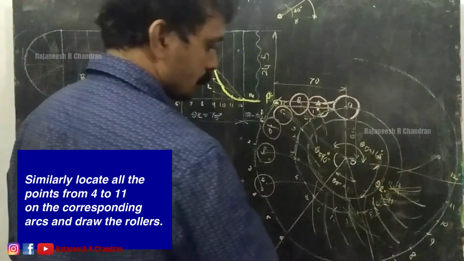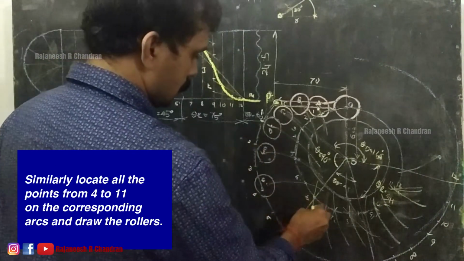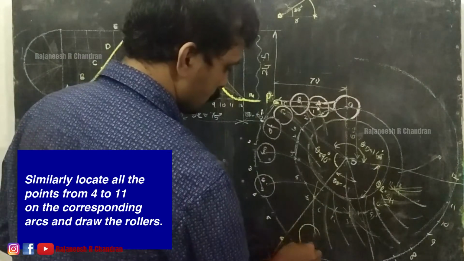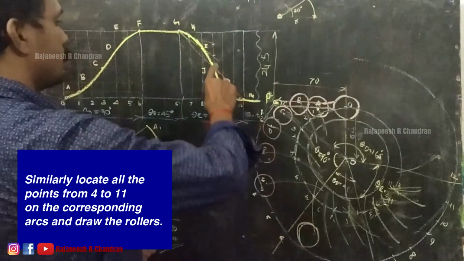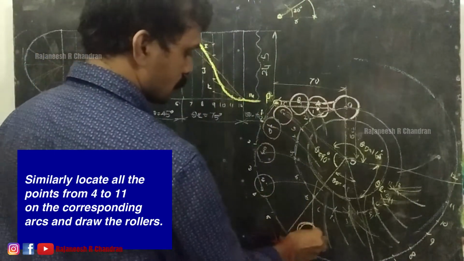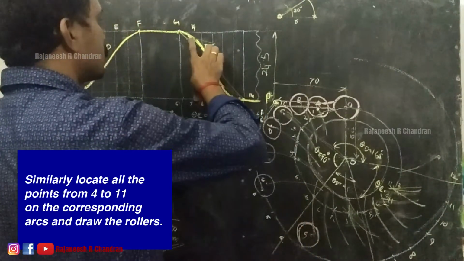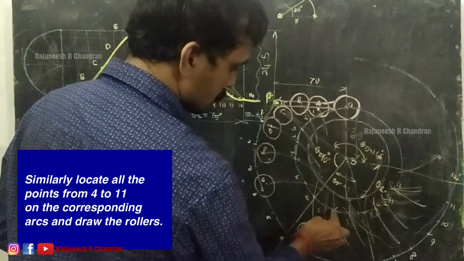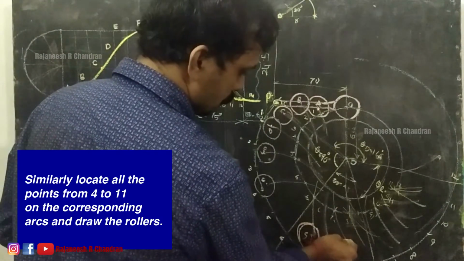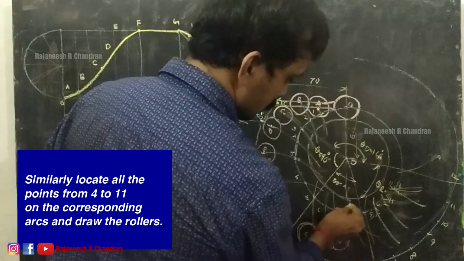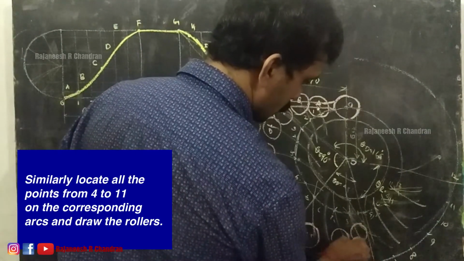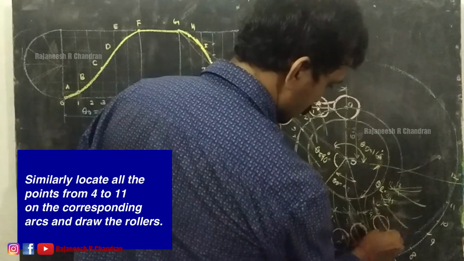Similarly, here also 6F. Take 6G, sorry, 6G. Take 7H, keeping this as center, mark 7H. Similarly, this is the arc through 8, so the roller. This is the arc through 9, so roller.